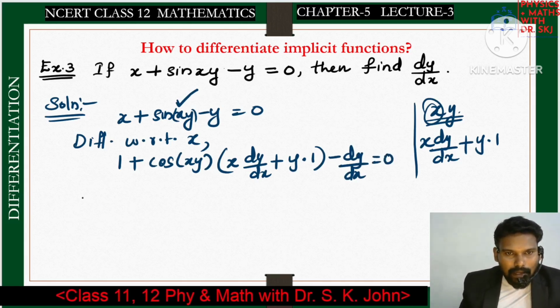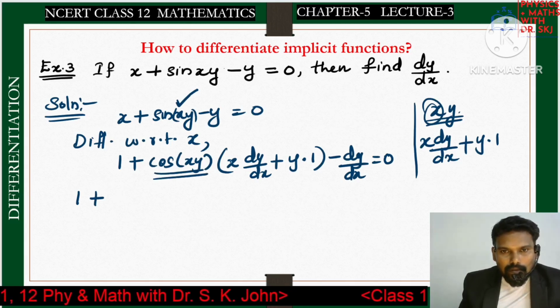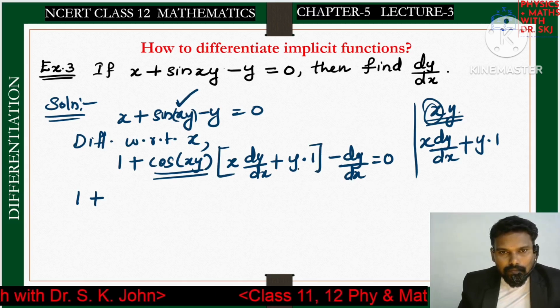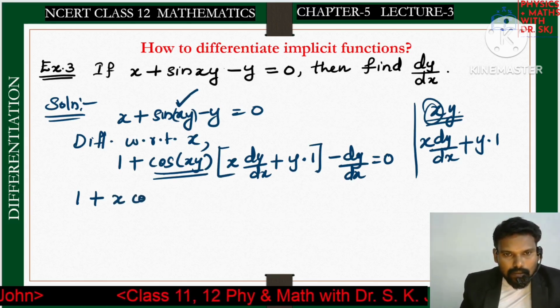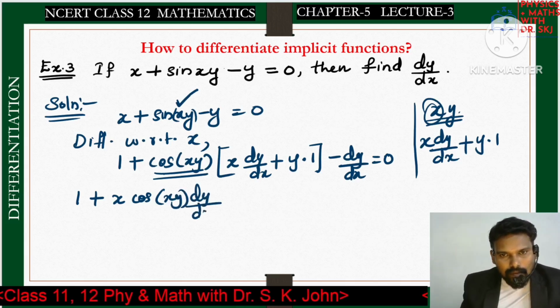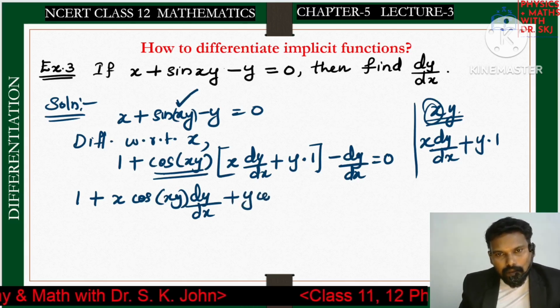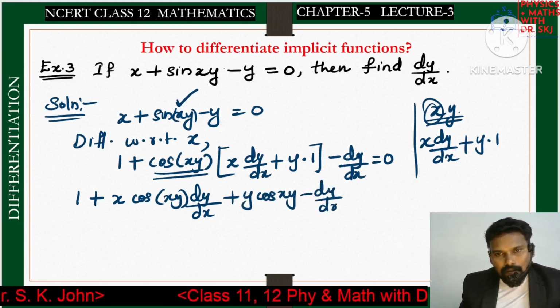Now I will open the bracket: 1 plus cos xy into this term, so that is x cos xy dy by dx, plus cos xy into y, so y cos xy, minus dy by dx is equal to 0.